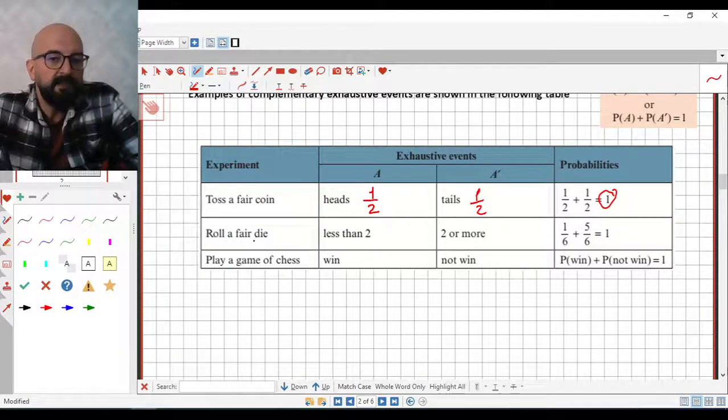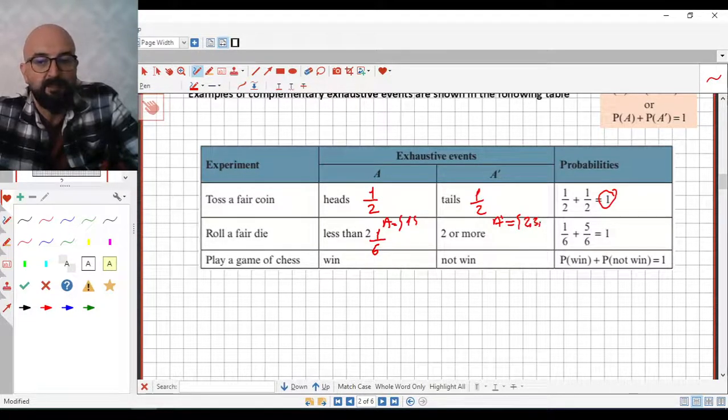Roll a fair die, so less than 2. Less than 2 means only 1. So the probability of A is 1 over 6. And the complement of A means 2, 3, 4, 5, 6.